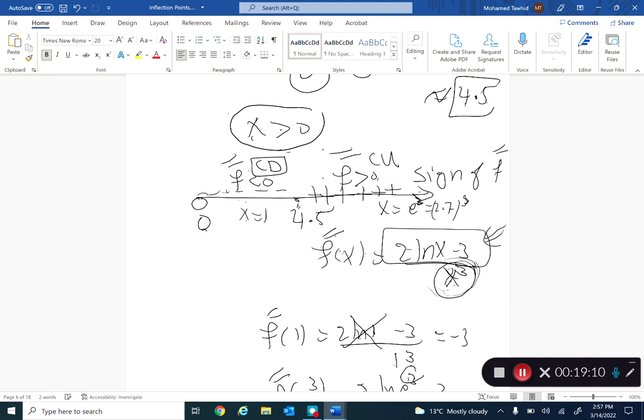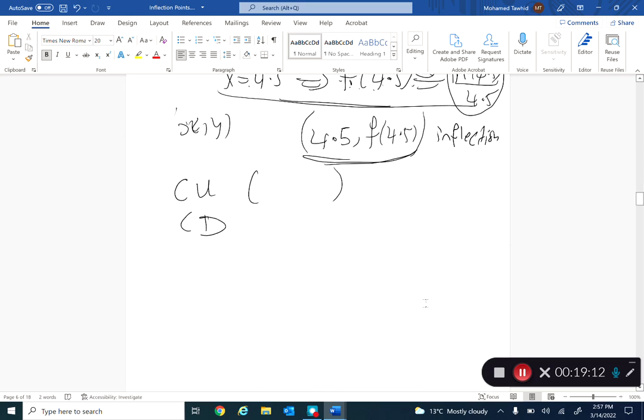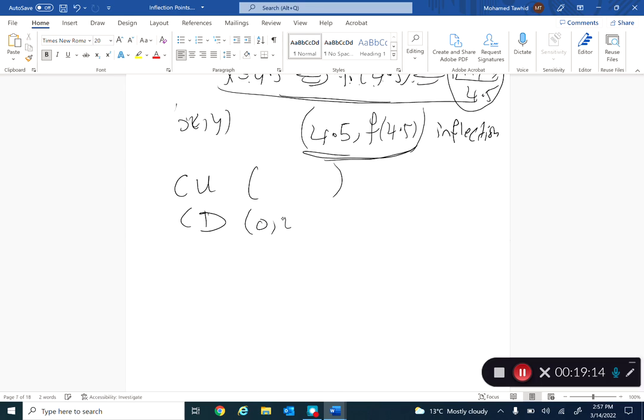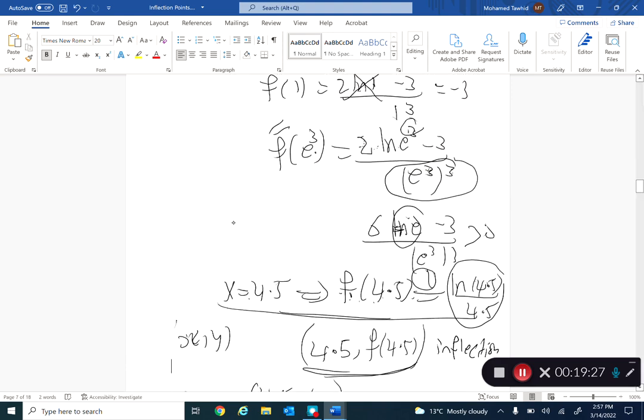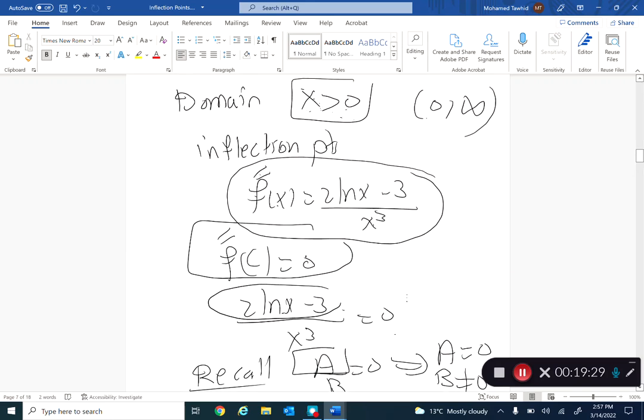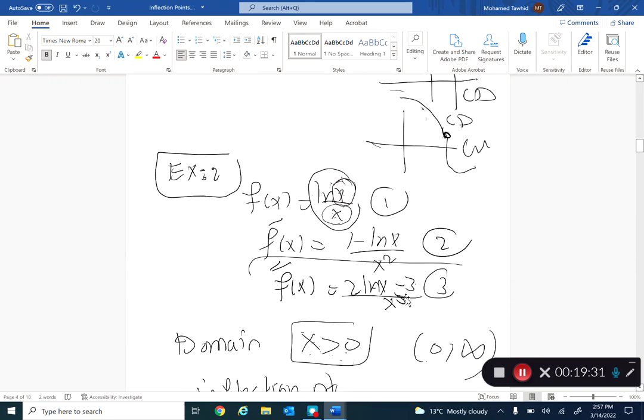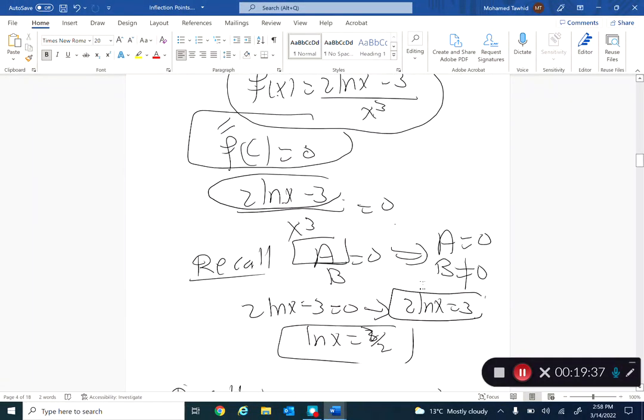So I write concave down from 0 to 4.5, and from 4.5 to plus infinity the graph is concave up. Okay, so that answers the question: I needed to find the inflection point and the intervals where f is concave up and concave down.